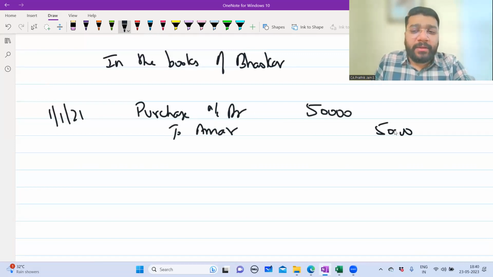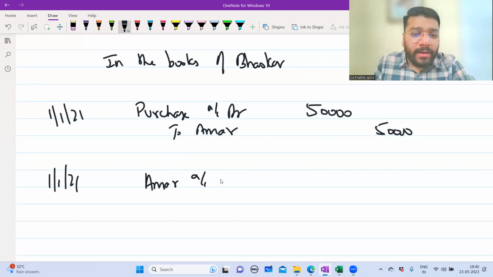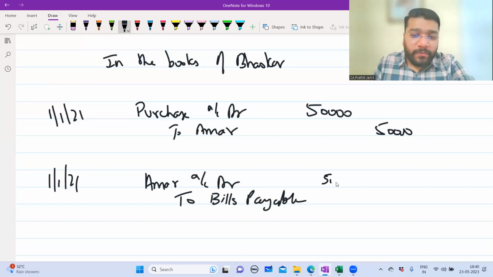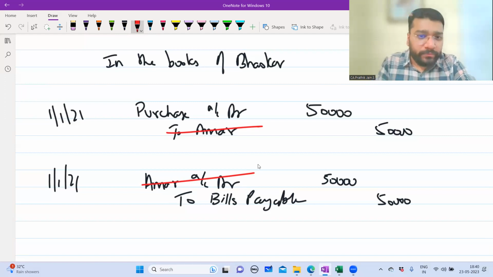Once the bill is accepted, on the date of acceptance of bill, we will cancel the unsecured Amar by debiting him. So Amar account debit, and in place of that we'll create a new liability, new creditor in the name of bills payable, 50,000, 50,000. So when I do that, guys, Amar's account debit and credit is knocked off. So ledger balance of Amar becomes 0.